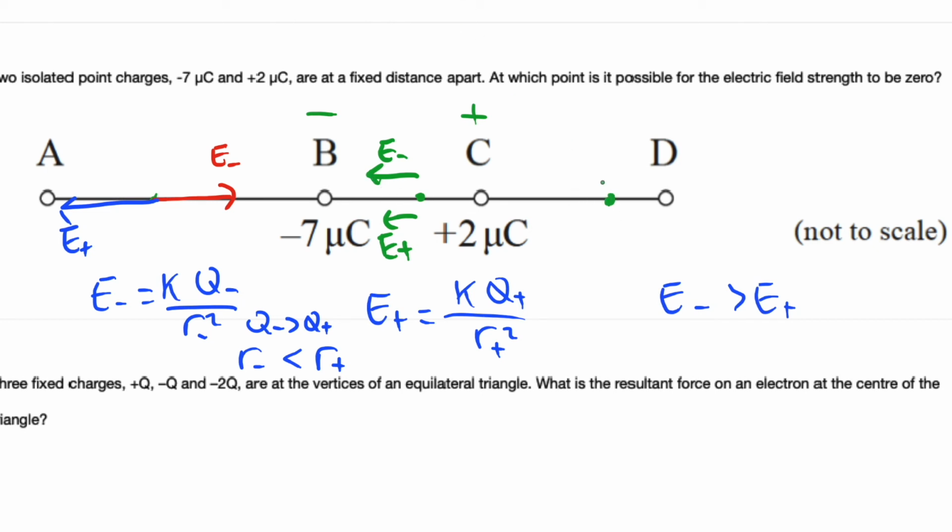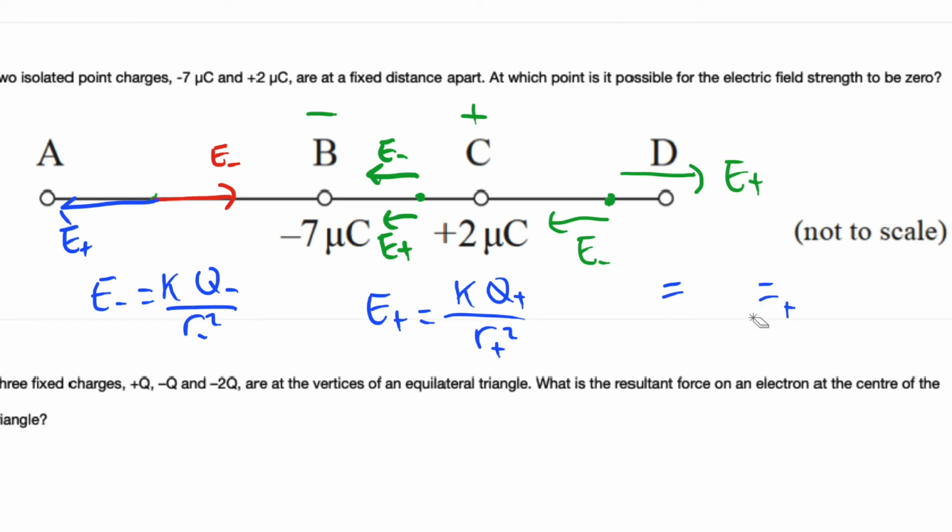Here is going to have a rightward electric field by the positive charge, leftward electric field by the negative charge. And let's see how this will work out. In this case, Q minus is still greater than Q plus, so I'm taking the magnitude, and R minus is larger than R plus.